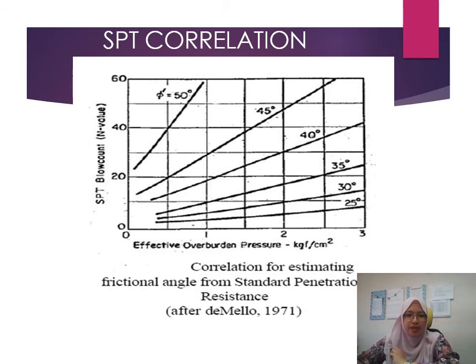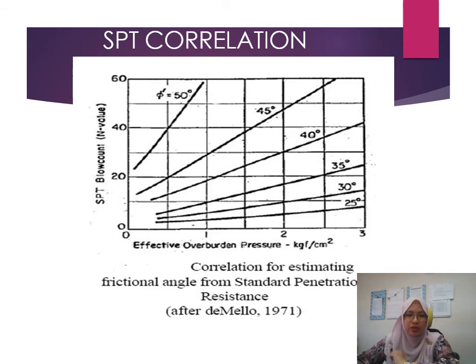This is the graph to determine the overburden pressure of the soil depending on the SPT N value. It is more or less the same as the previous table, but this one uses a graph. From this graph, you can estimate the friction angle.